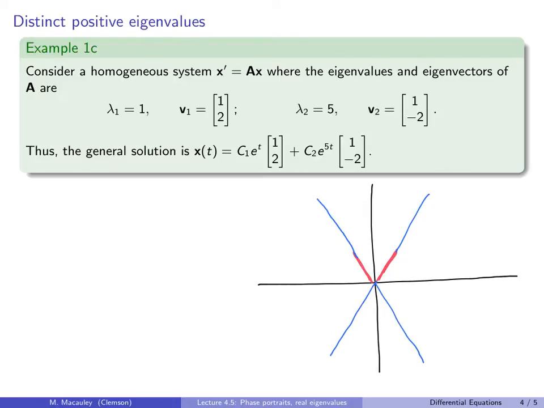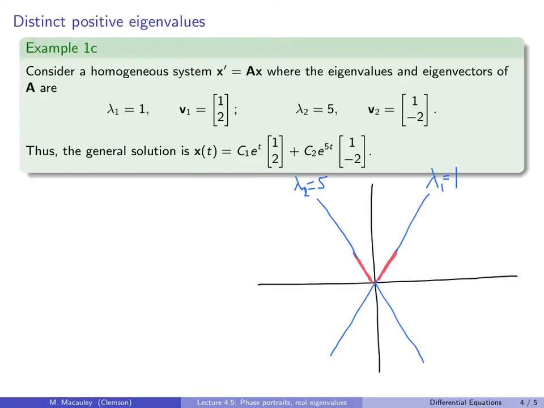And let me note that this one is when we have lambda 2 equals 5, and this is for lambda 1, which happens to equal 1.